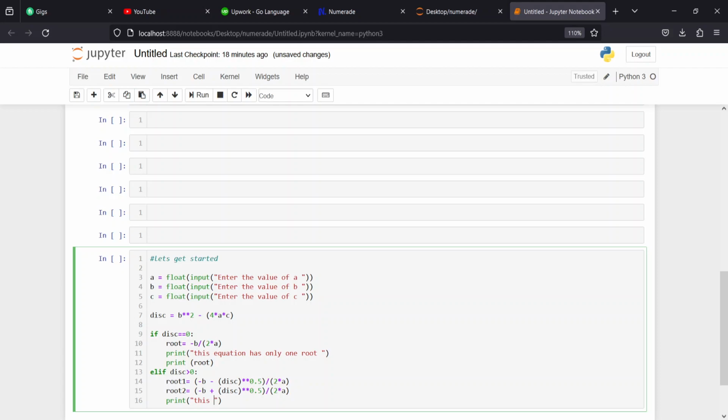This equation has two roots, and those roots are print root 1 comma, and let's print a space between them, then this will be root 2.